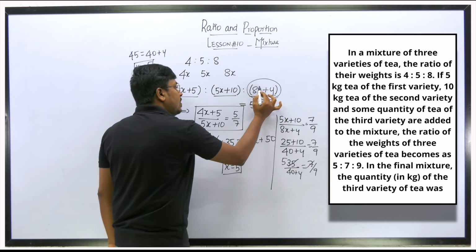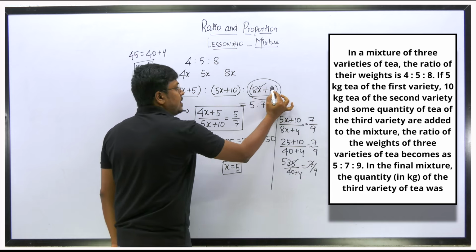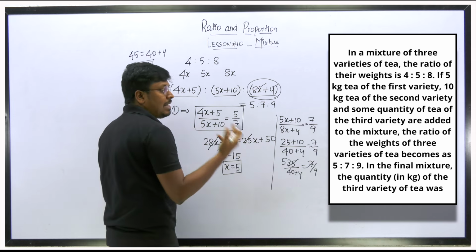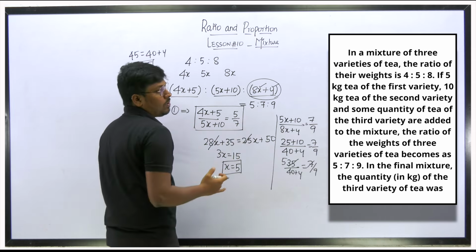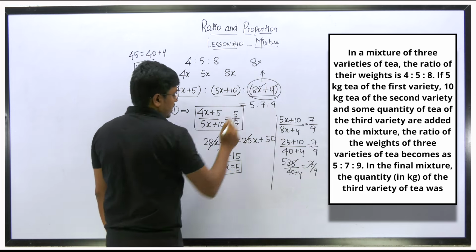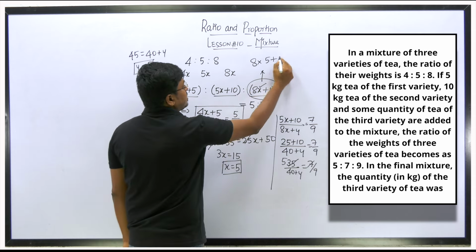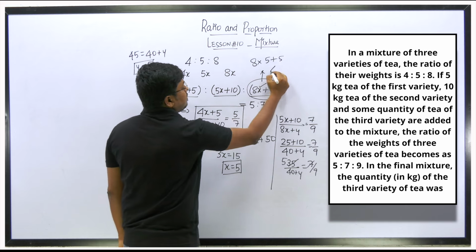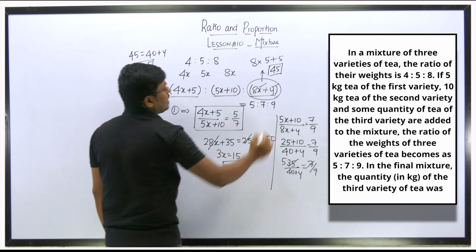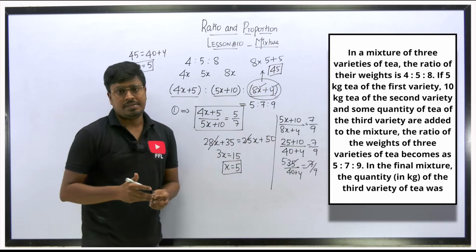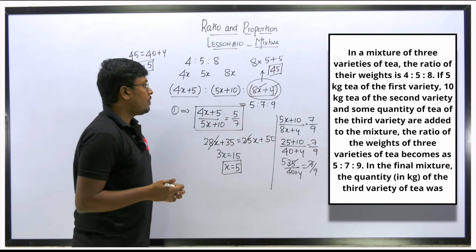We know the value of x as well as the value of y, so while substituting all these values here, we can easily get the quantity of the third variety. So 8 into 5, plus 5, because the value of y is 5. 8 5s are 40. So 40 plus 5 will be 45. So finally we can say that the quantity of the third variety will be 45 kg. That is the answer for this question.